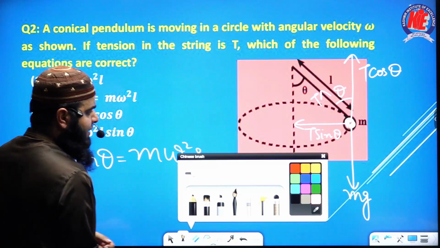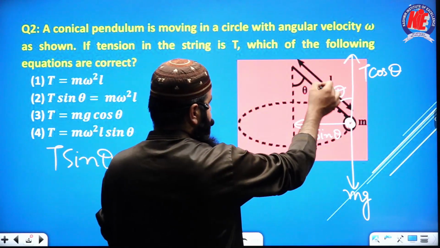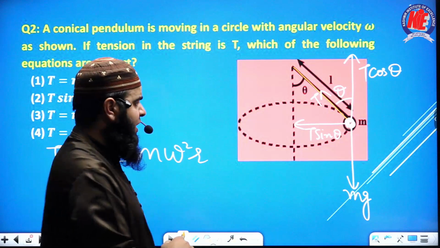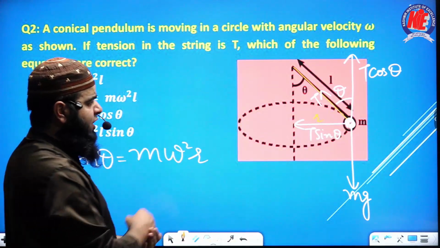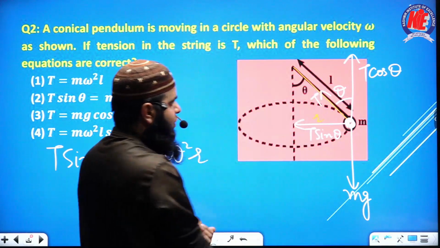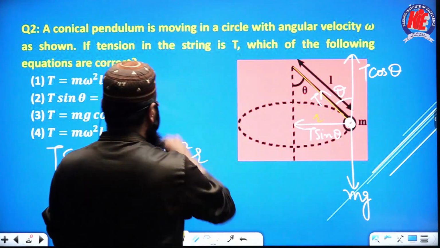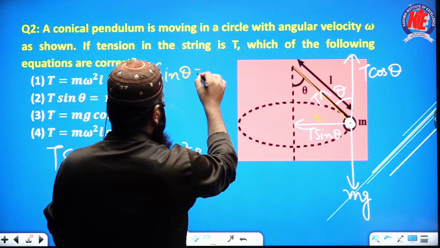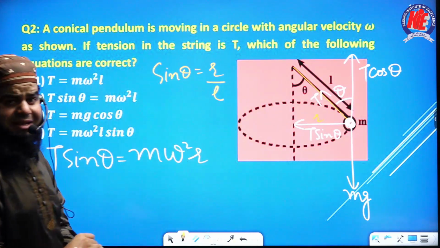If you want to find the radius, have a look, from this triangle this side is L, the length of the string, and this is r. Using basic trigonometry, r will be equal to L sin theta. In detail, sin theta is perpendicular r divided by hypotenuse L, so r is L sin theta.